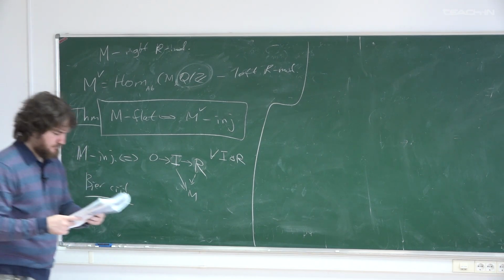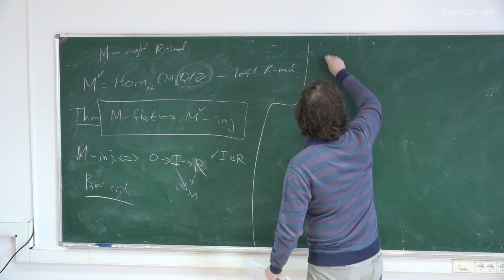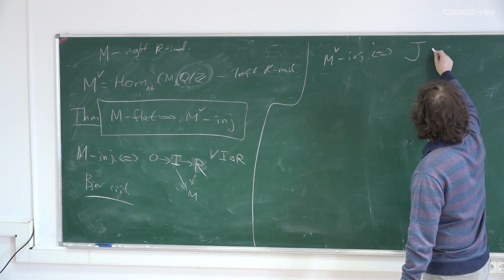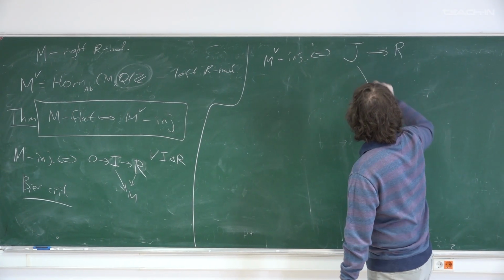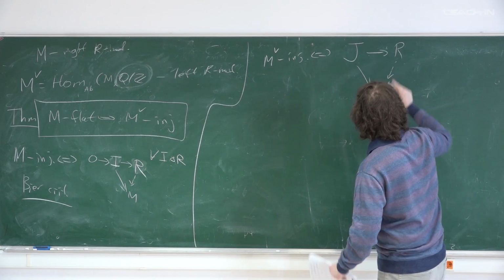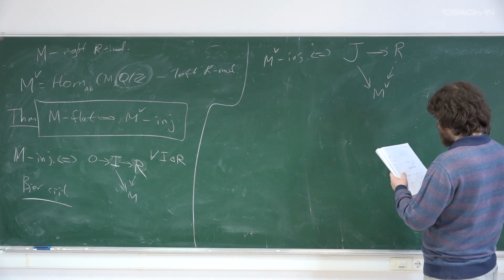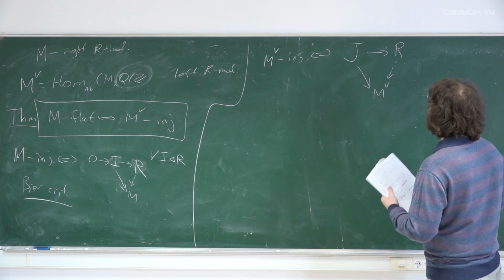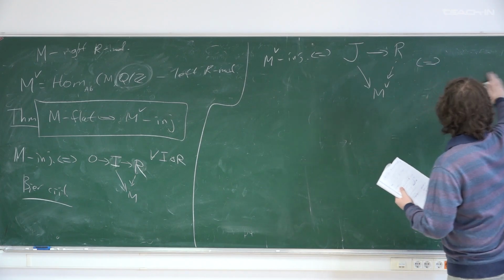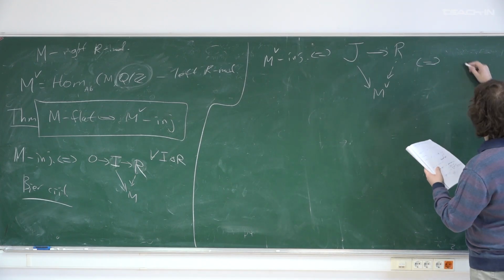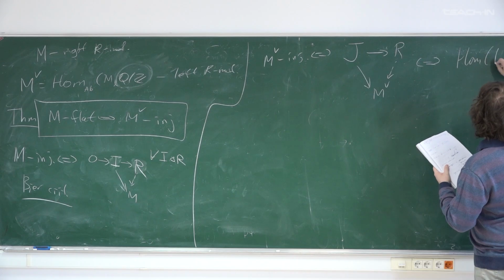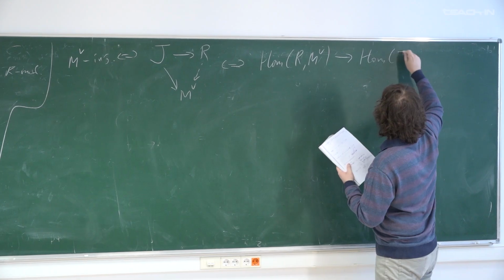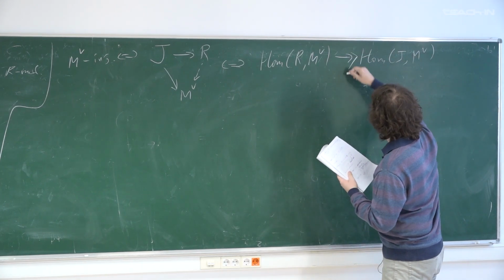Okay. So M check is injective if and only if for any ideal and any map to M check, there exists an extension. In Hom terms, it just says that the restriction from Hom from R to M check to Hom from the ideal is surjective.